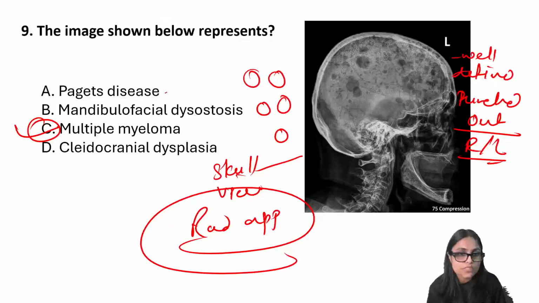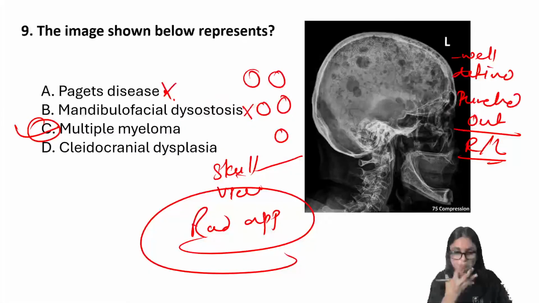Correct. So in Paget's disease, what is the radiographic appearance that we see? In Paget's disease we see cotton wool appearance. So in the mandible, you see multiple radiopacities giving a cotton wool appearance. Okay. So Paget's disease is also ruled out. Second one, mandibulofacial dysostosis. This is Treacher Collins syndrome. In Treacher Collins syndrome, the important feature is bird facies.